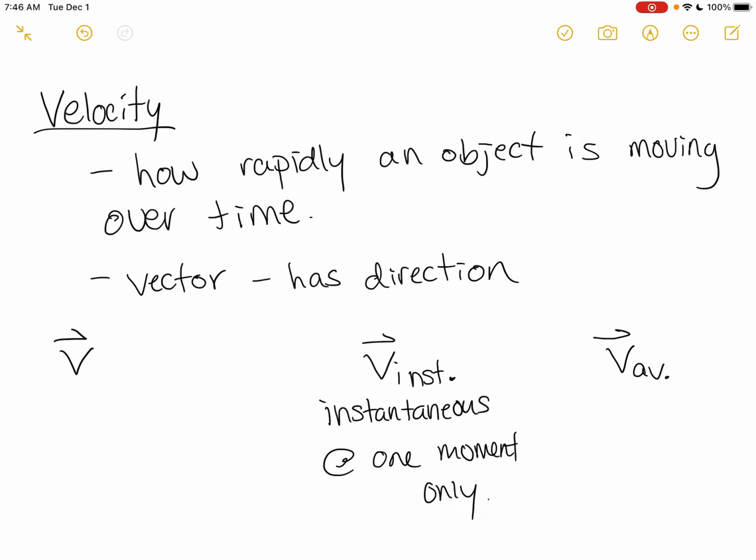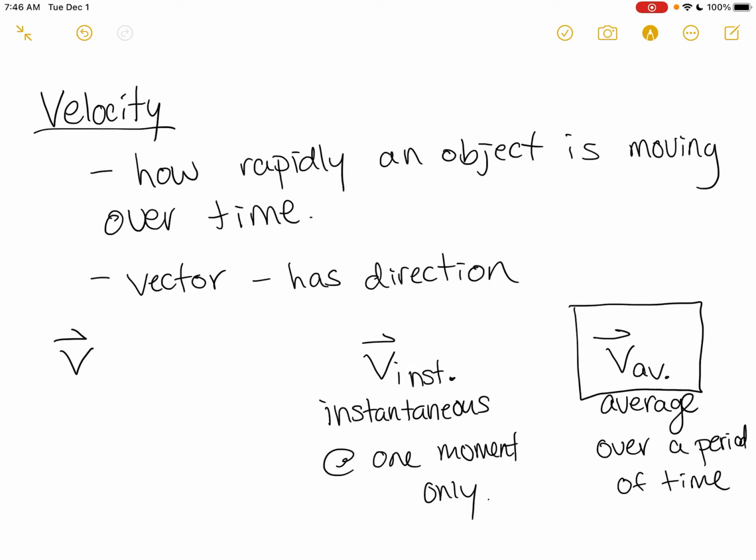Average velocity is over a period of time. We are going to be calculating average velocity. We can't actually calculate instantaneous velocity. It's a difficult mathematical calculation to make. So we are going to be calculating average velocities only.